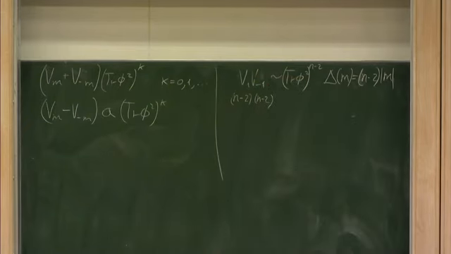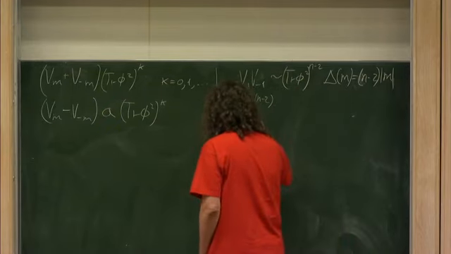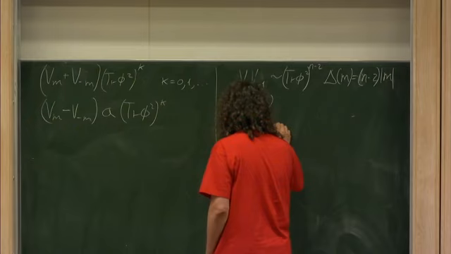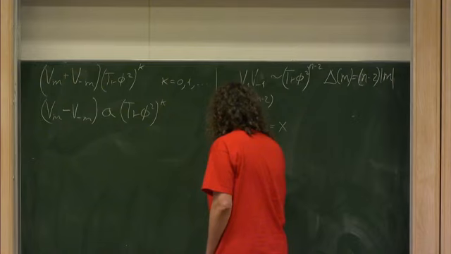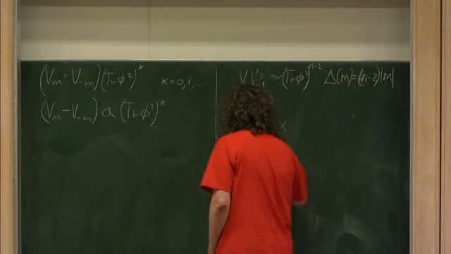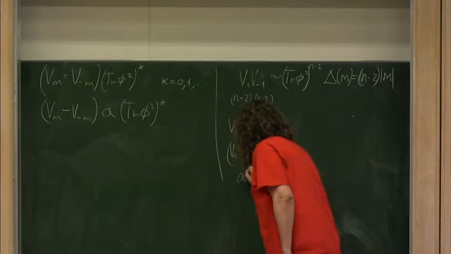Okay? And now, from here, it's very easy to get to the D-type equation. I'll just take V1 plus V minus 1, and I'll call it X. I'll take V1 minus V minus 1 times A, and I'll call this Y. And I'll take A squared.